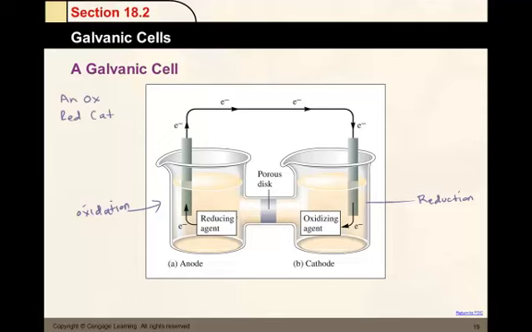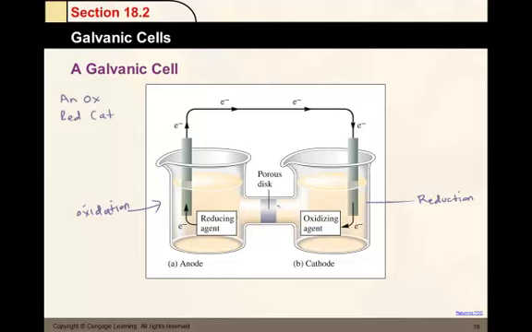So on the left here, and normally we put the anode on the left of the picture, the anode is where oxidation occurs, and that's why you can see it says reducing agent. There is a porous disc here, almost like a semi-permeable membrane, or there can be what's called a salt bridge.